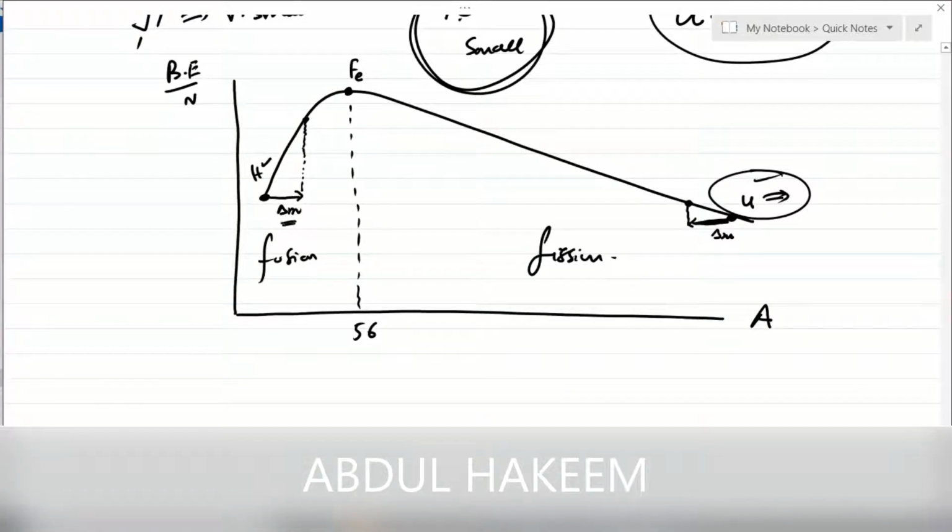So delta M for the uranium and hydrogen is the same, but fusion is approximately 6 times more powerful than the fission. So fission is less powerful reaction and the fusion is more powerful reaction.